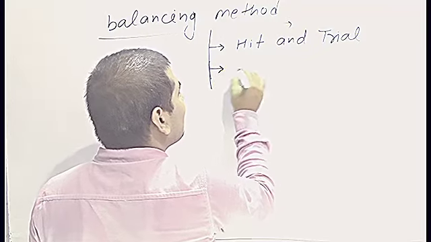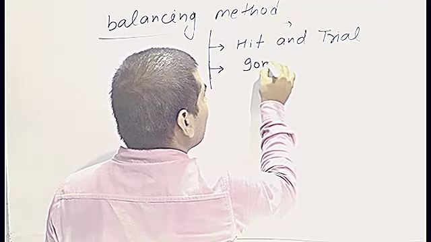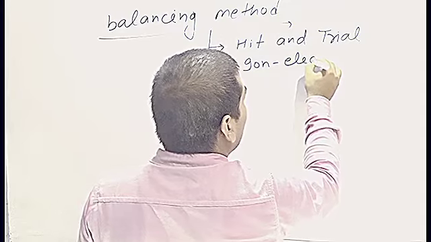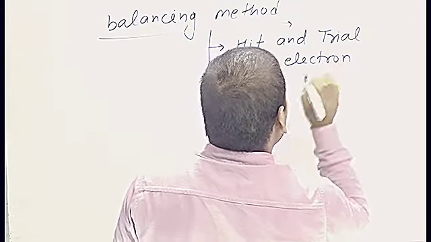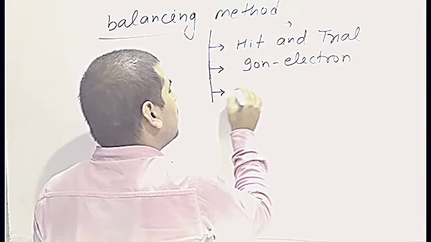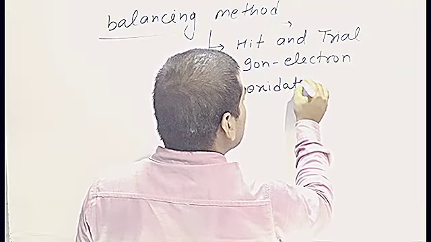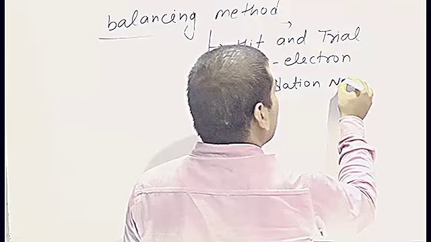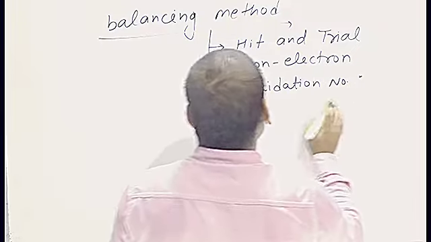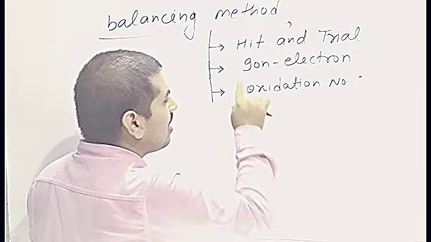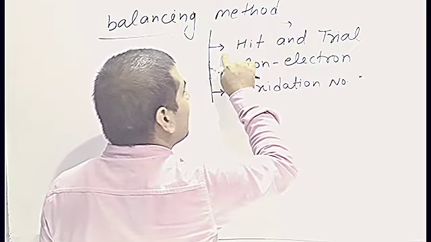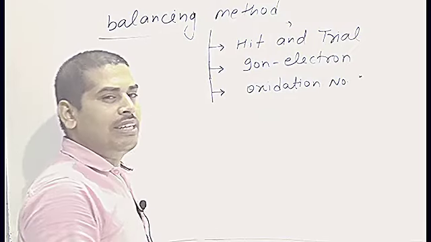Second one is ion electron method, and third one is oxidation number method. Means oxidation number method, ion electron method, and hit and trial method.